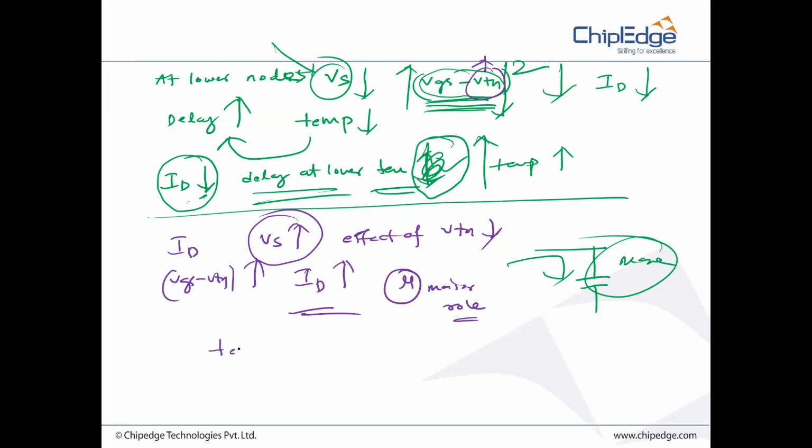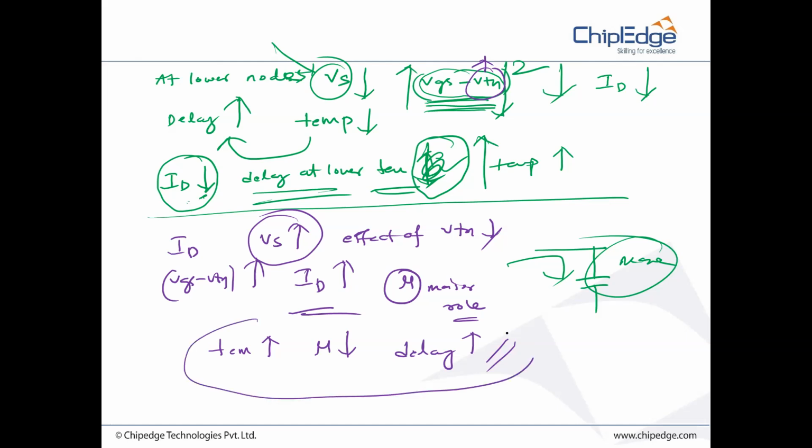As temperature increases in the higher nodes, your mobility decreases, right? As your mobility decreases, what happens to delay? It increases. This is a separate thing I am talking about. Is this clear? So ID increases and decreases like this. As ID reduces, delay increases. As ID increases, delay reduces. Please understand that. Clear with that?